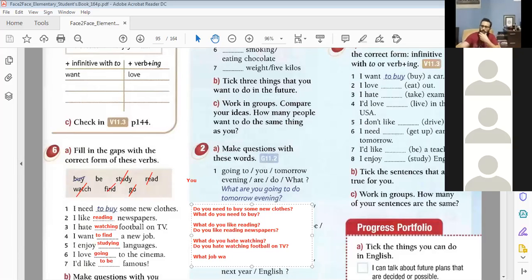So maybe a yes/no question is better in this case. Can you use a yes/no question, Rashid, for number 4? Do you want to find a new job? Yes. Do you want to find a new job? All right. What about number 5? Samiha, would you like to do number 5?